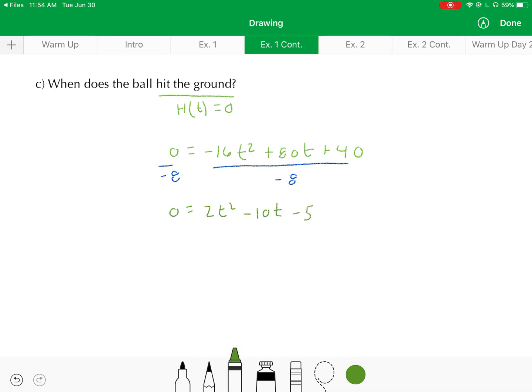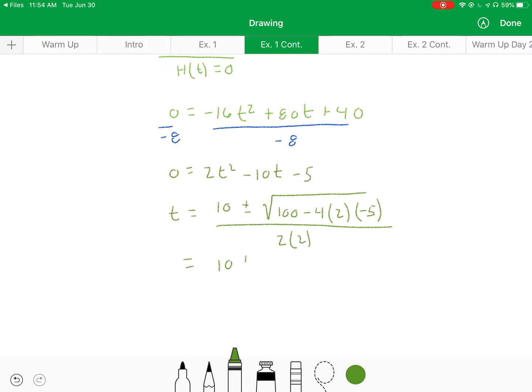Once I get here, I would try to see if this is factorable, but it doesn't appear to be. So I'm going to solve for t with the quadratic formula. t is equal to negative b plus or minus square root b squared minus 4ac all over 2a.